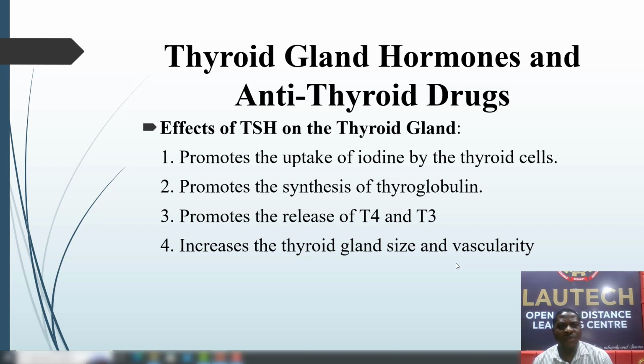Thyroid hormone. So effect of thyroid stimulating hormone on the thyroid gland. Number one, it promotes the uptake of iodine by the thyroid cells. Two, promotes the synthesis of thyroglobulin. Three, promotes the release of T4 and T3. And four, it increases the thyroid gland size and the vascularity.